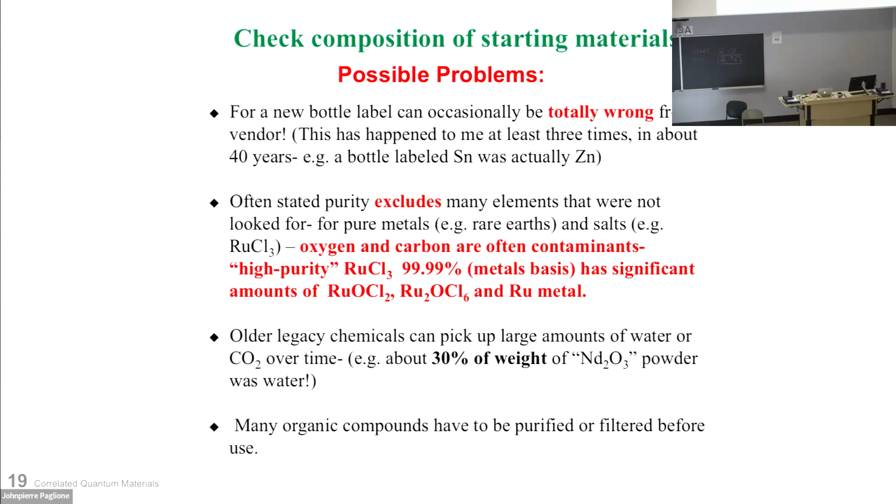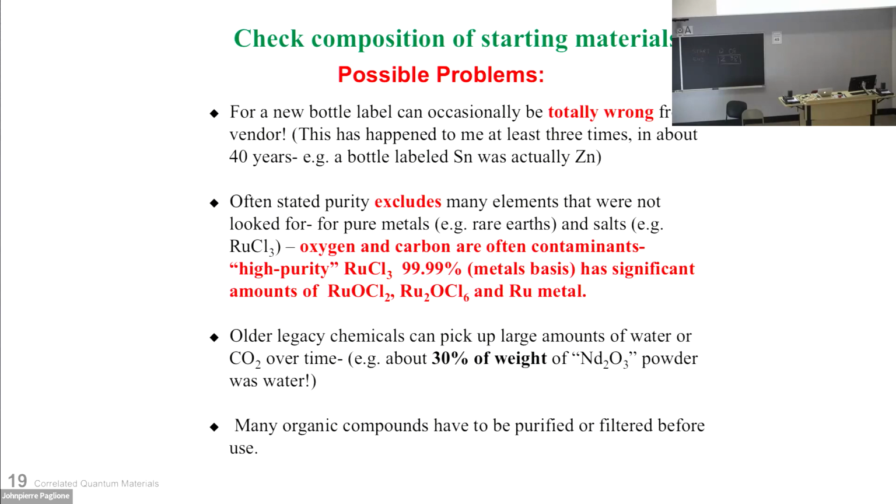For some reactions, that is a real problem because zinc has a much higher vapor pressure than tin. That could have caused an explosion if you're not aware. So it's good, if you can, to check to make sure that the compound, or the element, that they sent you is really what you got.